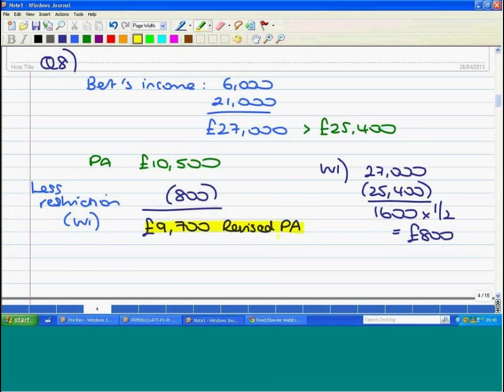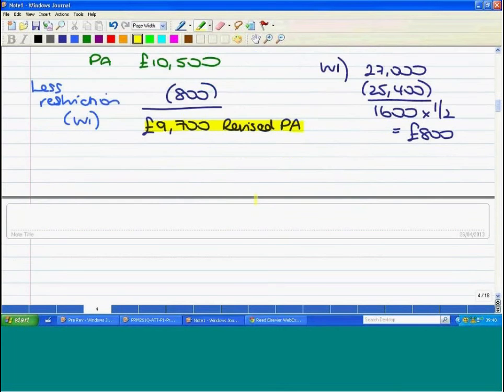Now the question has asked us to calculate his income tax liability. So all I've done so far is worked out his personal allowance. And remember, if he'd earned a bit more, it would have meant I obviously would have had to bring down that £10,500 by more, but I can only actually bring it down to the £8,105. I can't penalise somebody just because they're older. They can't end up in a worse situation.